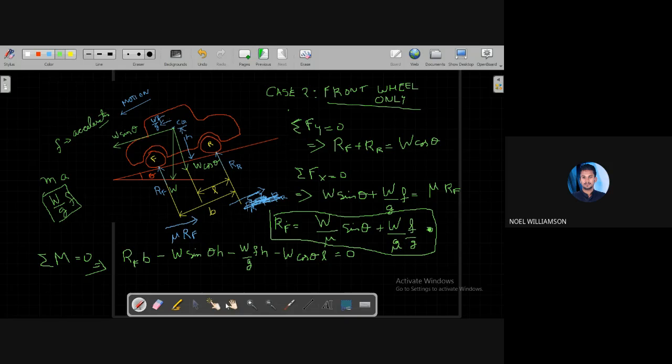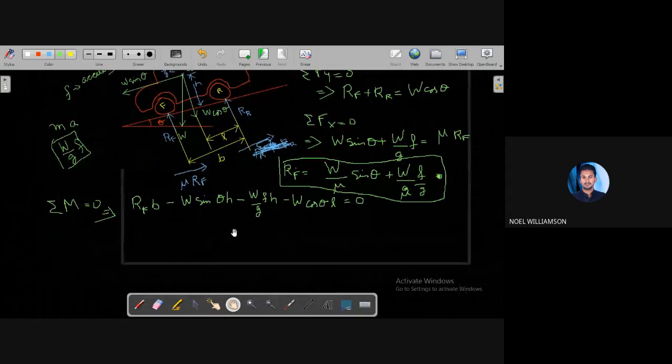So while substituting the value of RF from this relation, we will get a relation.